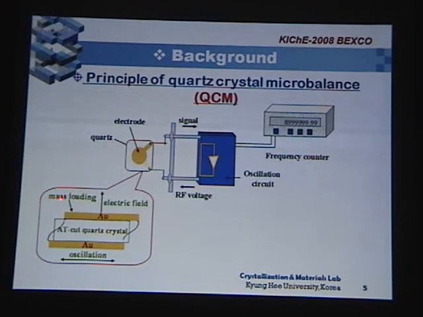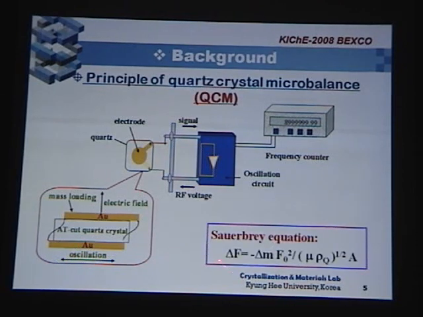When material is loaded on the QCM sensor surface, the oscillation frequency of it will decrease. This frequency decrease is related to the mass loaded on the sensor surface through the Sauerbrey equation. QCM is well known for its high sensitivity and low cost, and it has been widely used in the analytical chemistry field.